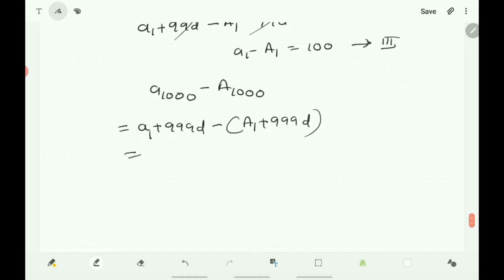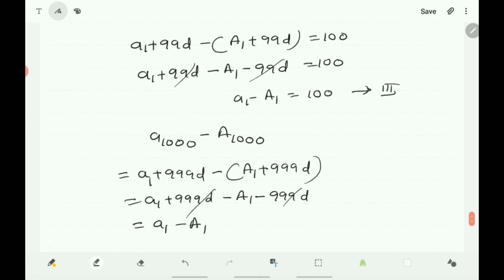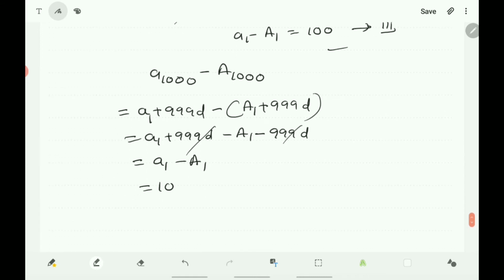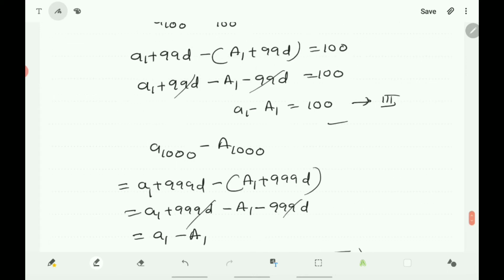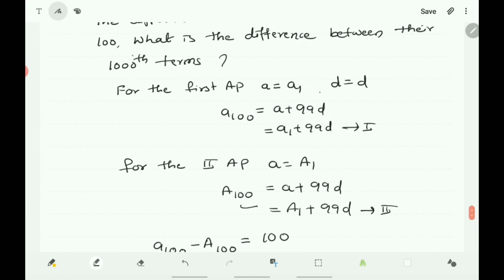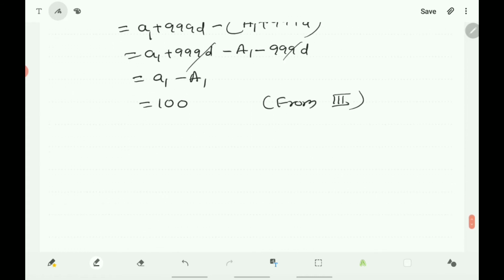Then open the bracket, so it becomes negative. Again these two cancel. So what is remaining here? Capital A1 minus small a1, which is also 100, from the third. Therefore the difference between their 1000th terms is 100.